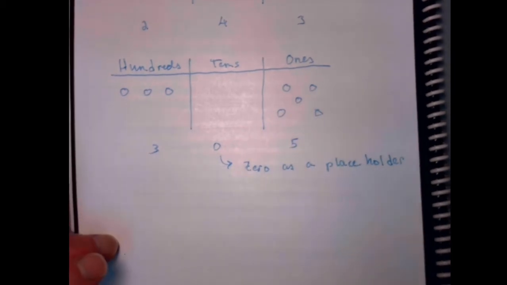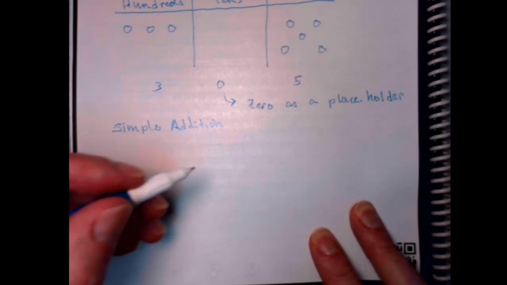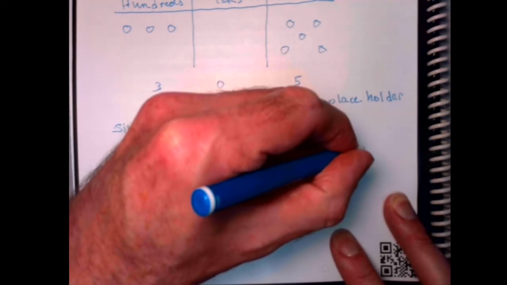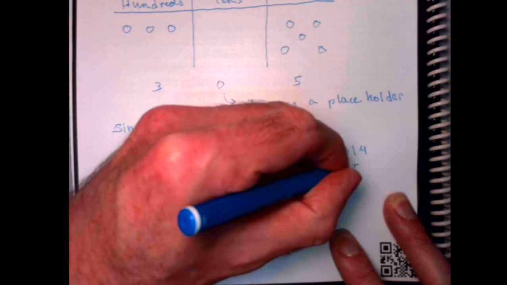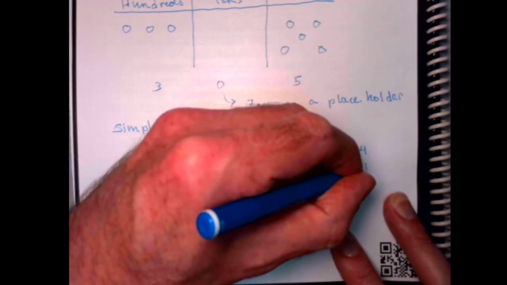And you could very easily do some simple additions using the chip model. So let's say we had to do something like this: 314 plus 251.